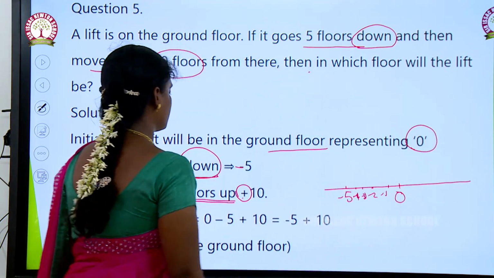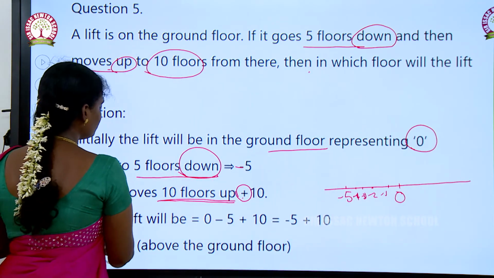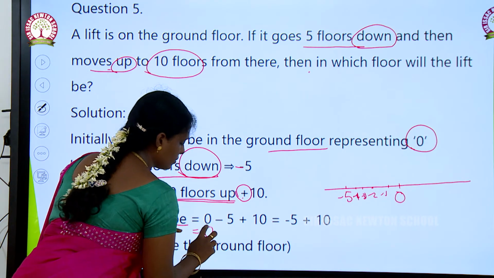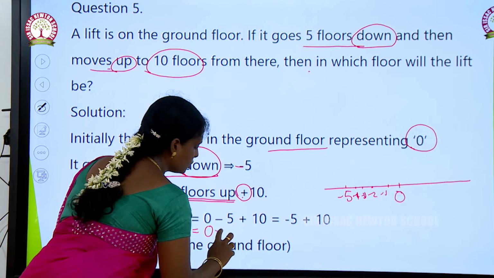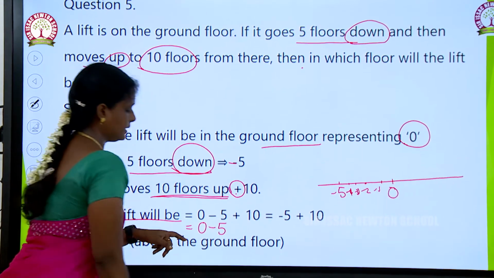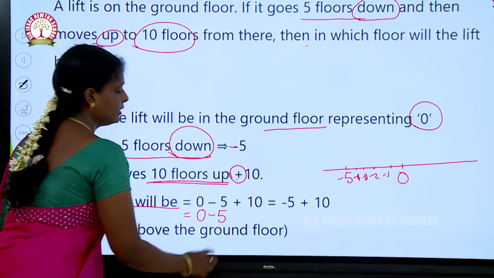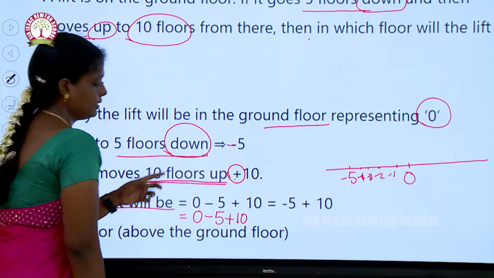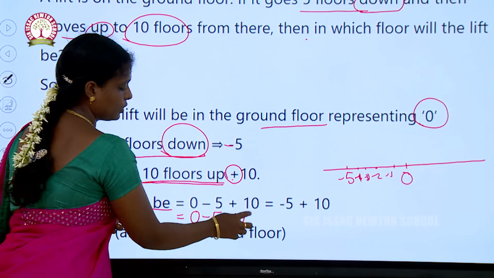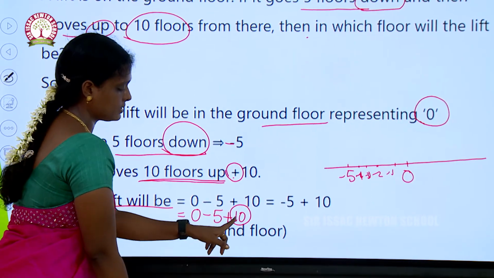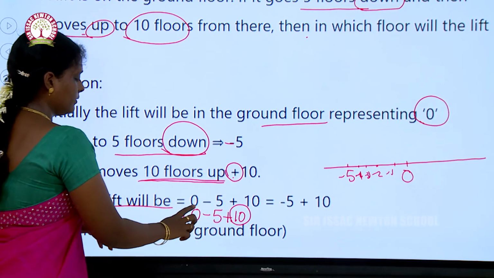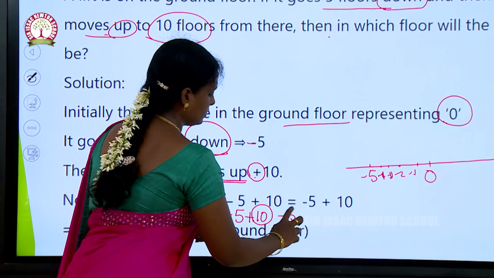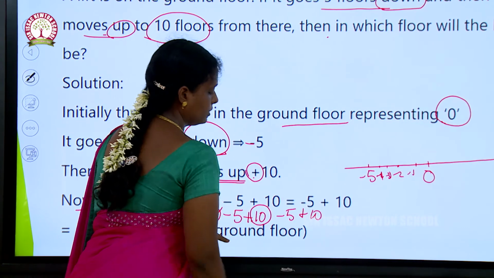How will you solve this question? Now the lift, see, it is already at 0. From there it is moving 5 floors downwards, so minus 5, and again it is moving 10 floors upwards, so positive 10, okay. We can skip this 0, so minus 5 plus 10.